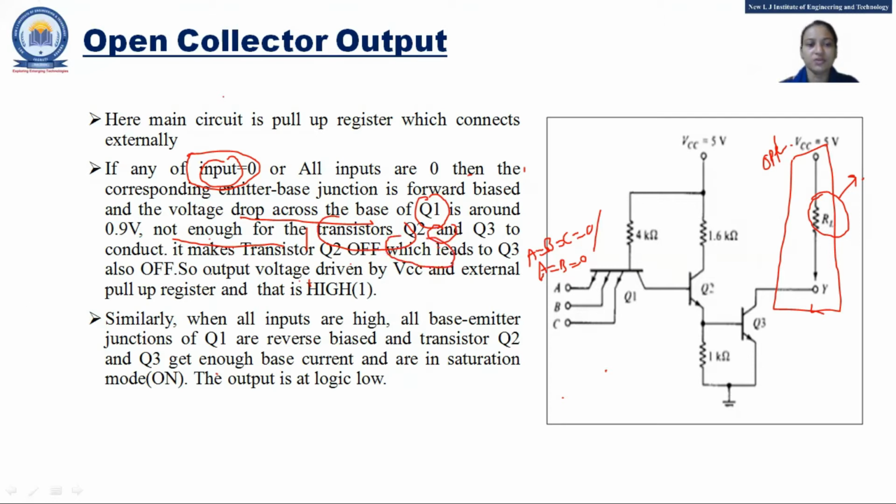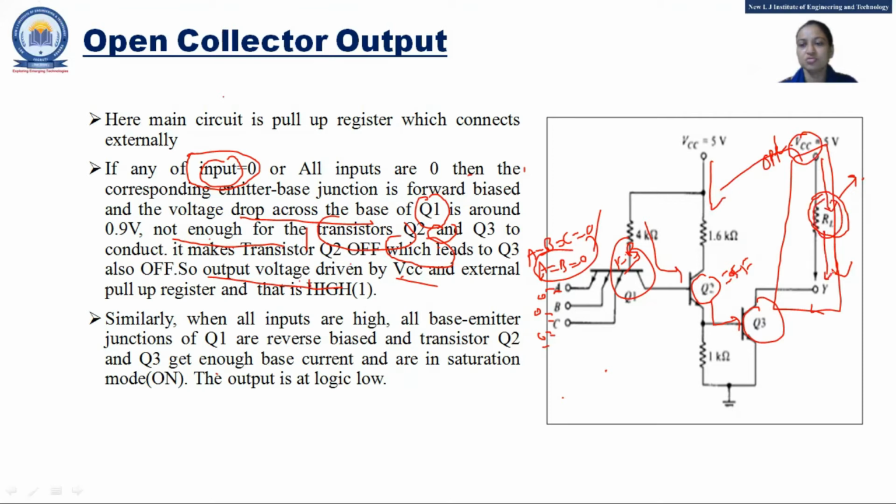So the output voltage is driven by VCC and the external resistor applied at the output. If the inputs are 0, Q1 is forward biased, there is not enough current flow to Q2, so Q2 is off, and as a result Q3 is off. So whatever voltage we apply through the pull-up resistor comes to our output, so the output is 1.